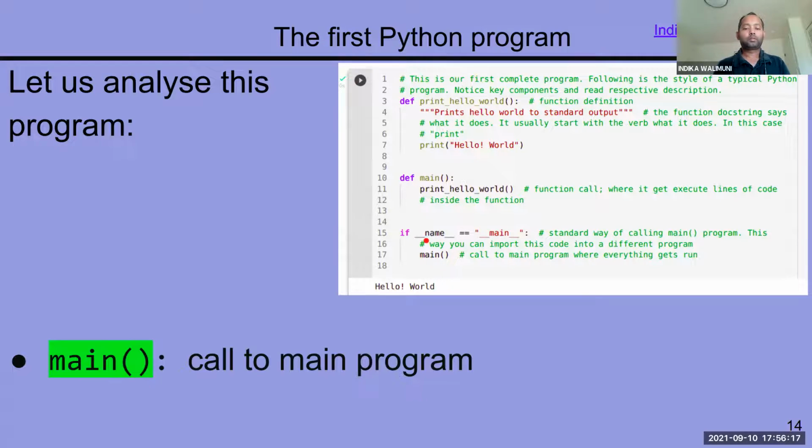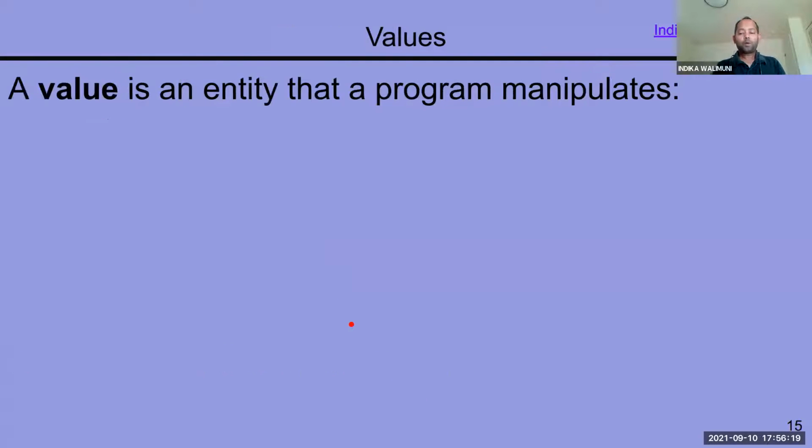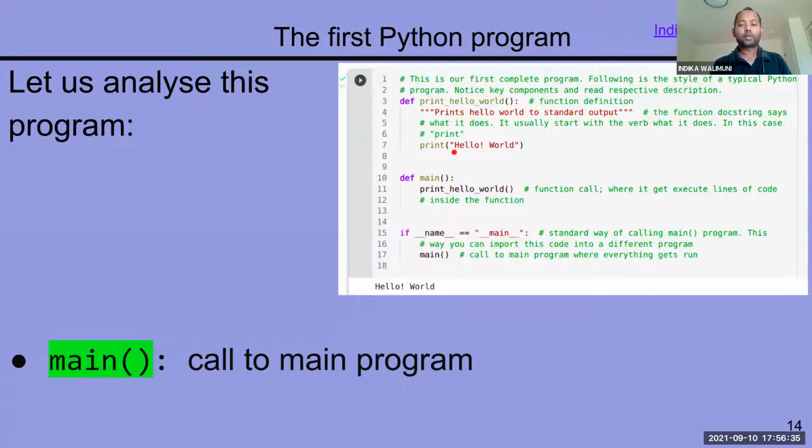All right, now we're going to switch gears and learn about values. A value is basically an entity that a program manipulates. We already learned a few values over here. For example, this is a string value. It's a word or phrase, so we call it a string literal. The type is string, and this is a value.